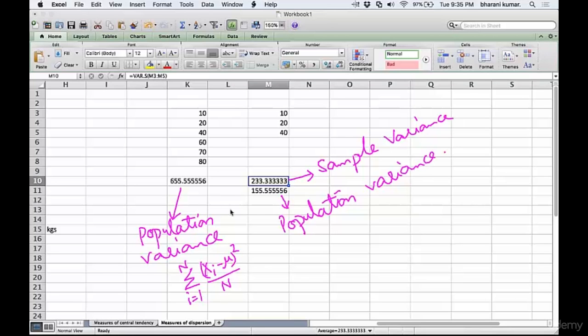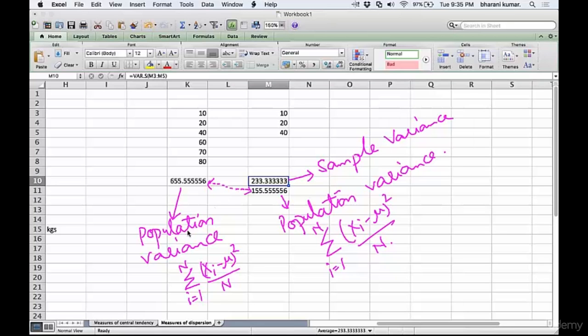What happens here is, in this scenario, the variance will be slightly higher, but when you calculate the variance for a sample using the same formula here, I've employed the same formula here, you see that there is a huge difference.